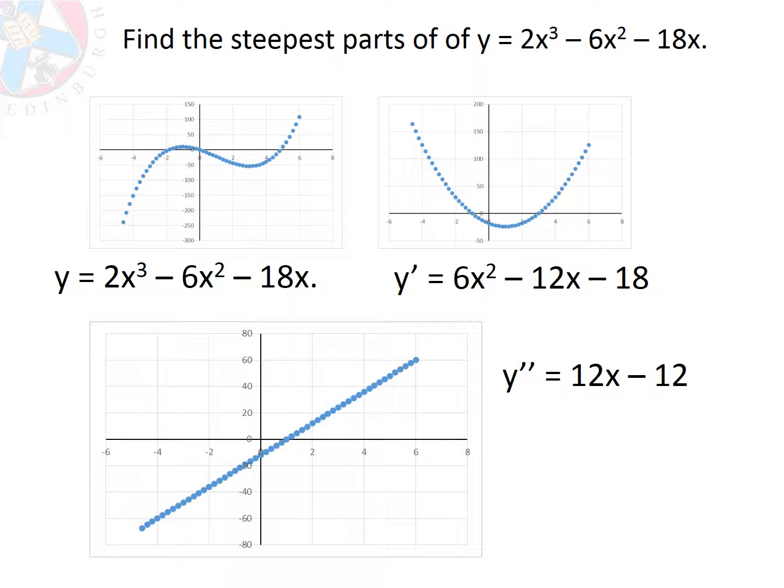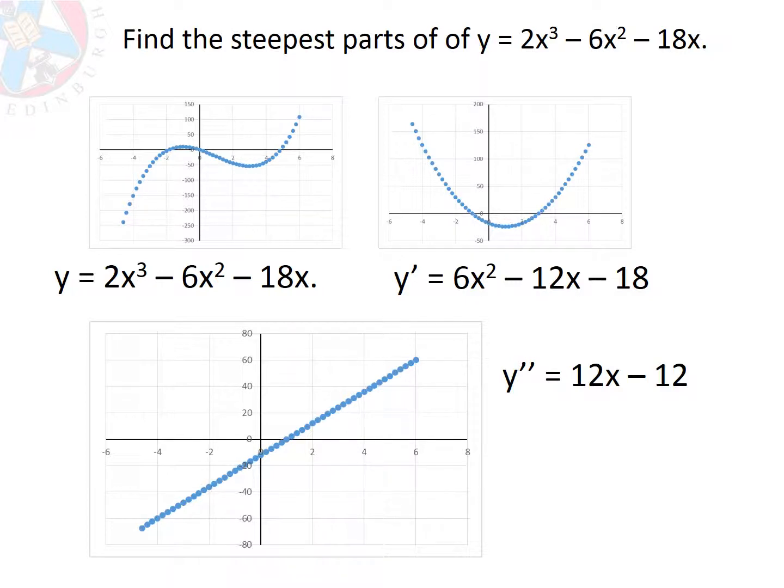If we differentiate that again, in this case we want y double prime, or d squared y over dx squared, we can look at these parts separately. 6x squared becomes 12x.